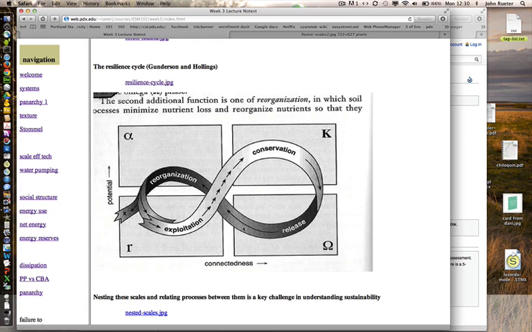Instead of one big patch of trees, now you have a bunch of trees that are burnt and some that may not be burnt. It goes to a low potential, but it provides resources for reorganization. And this reorganization phase is like the soil building after a forest fire, the initial steps of grass establishing themselves to lock the ecosystem into a positive cycle, and then you get exploitation again.